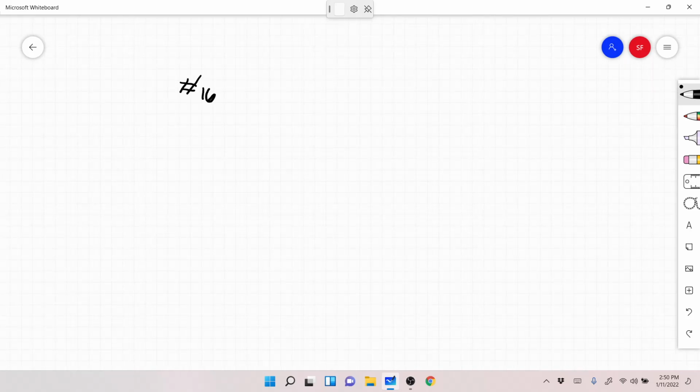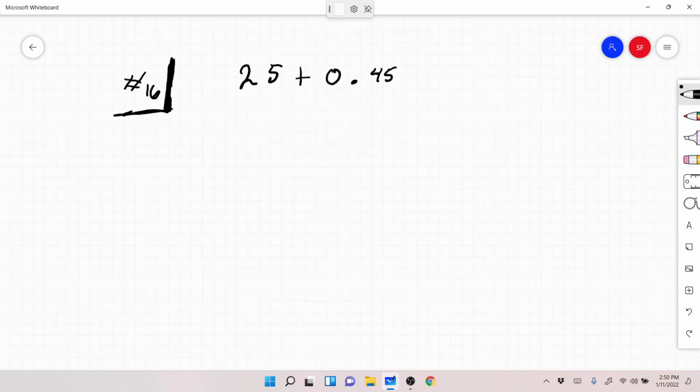It gives us a table where we've got cost per day and cost per mile, right? So our base cost is which one? The cost per day or the cost per mile? Cost per day is the base, right? And so for option A, we would do $25 plus 45 cents times the mile.